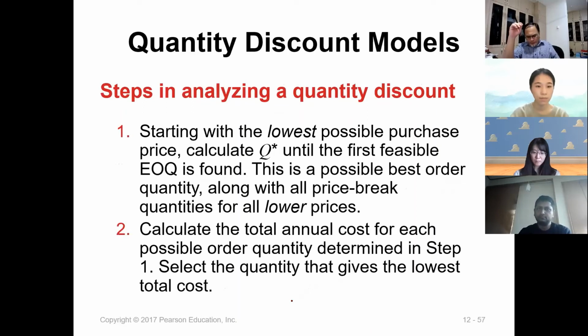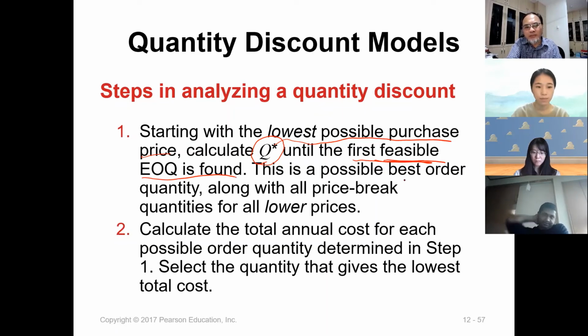But before that, we need to have some steps, basically rules to analyze quantity discounts. You start with the lowest possible purchase price. You calculate your EOQ or optimum order quantity until the first possible EOQ is found.